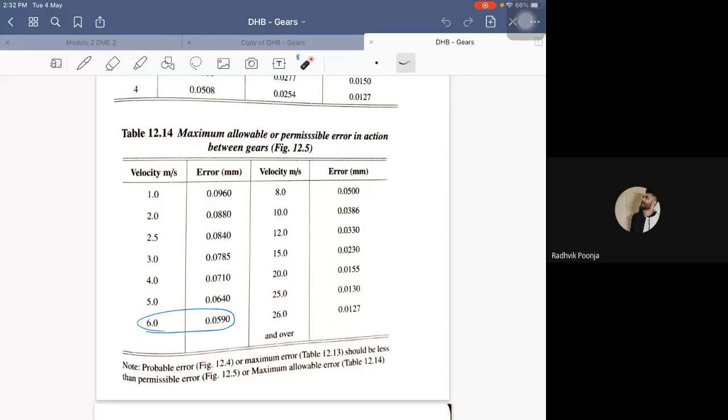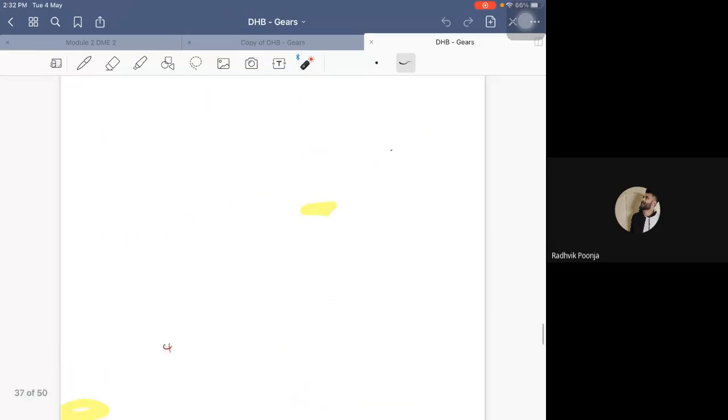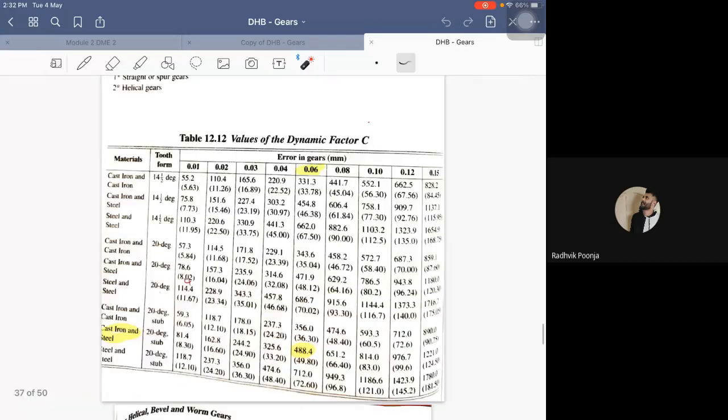Suppose in the last problem the velocity was 6, then you choose the error to be 0.059. Correct? 0.059, and can I round off to 0.06? Now I will come back to the another table.